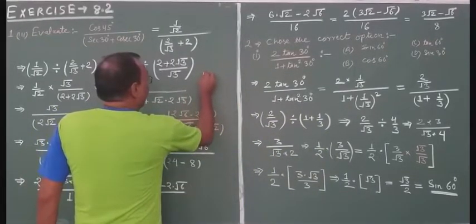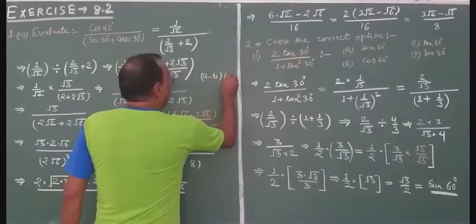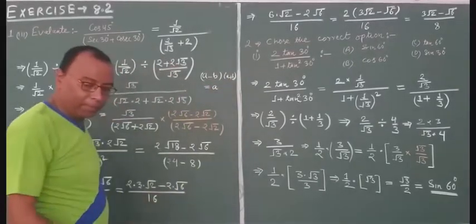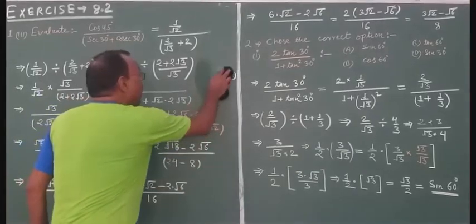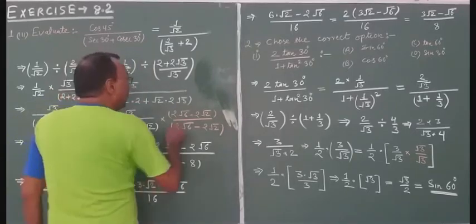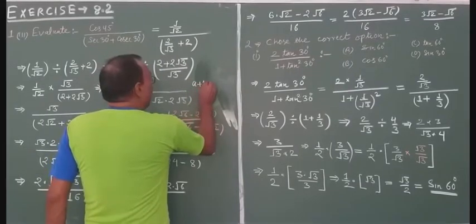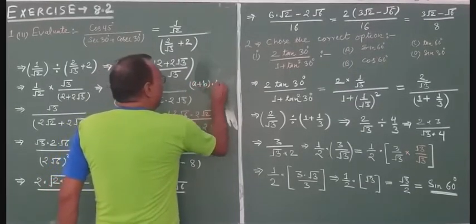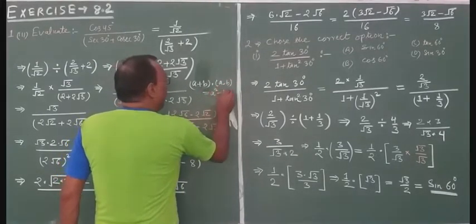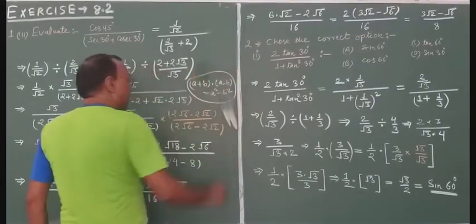A plus b into a minus b is equal to a square minus b square. We are using this formula here.